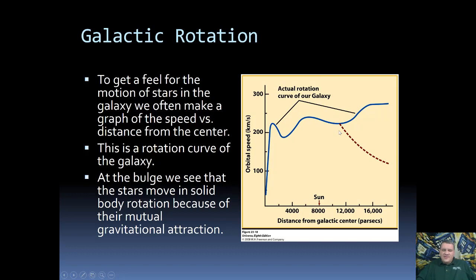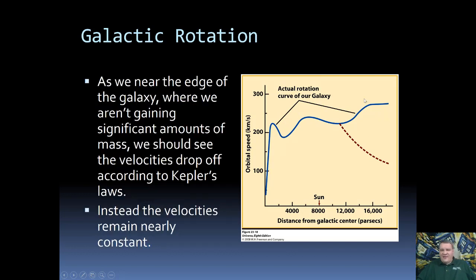Then, towards the very edge of the galaxy, there are less and less stars and less interstellar medium. So we would expect to see what's known as a Keplerian drop-off: these stars towards the edge should start slowing down. We're not adding more and more mass anymore, so this material should slow down.